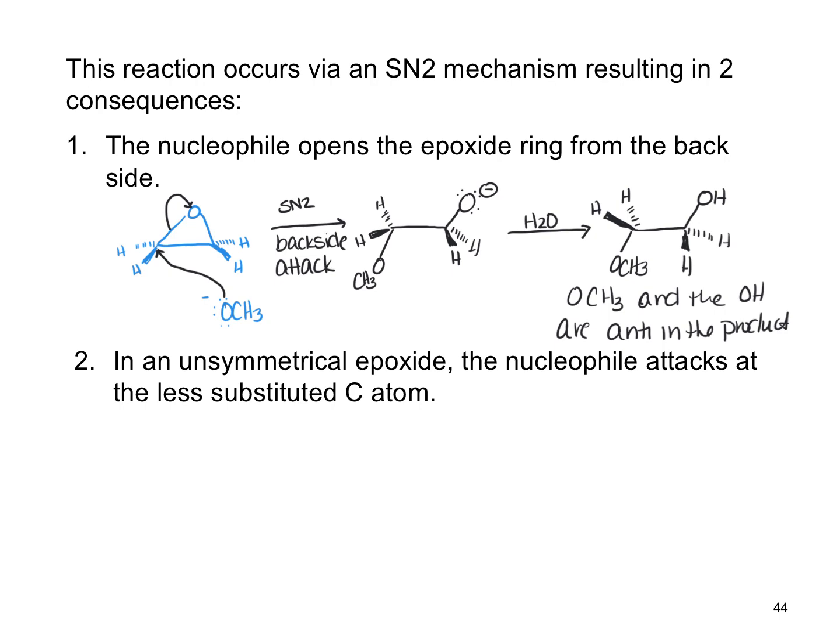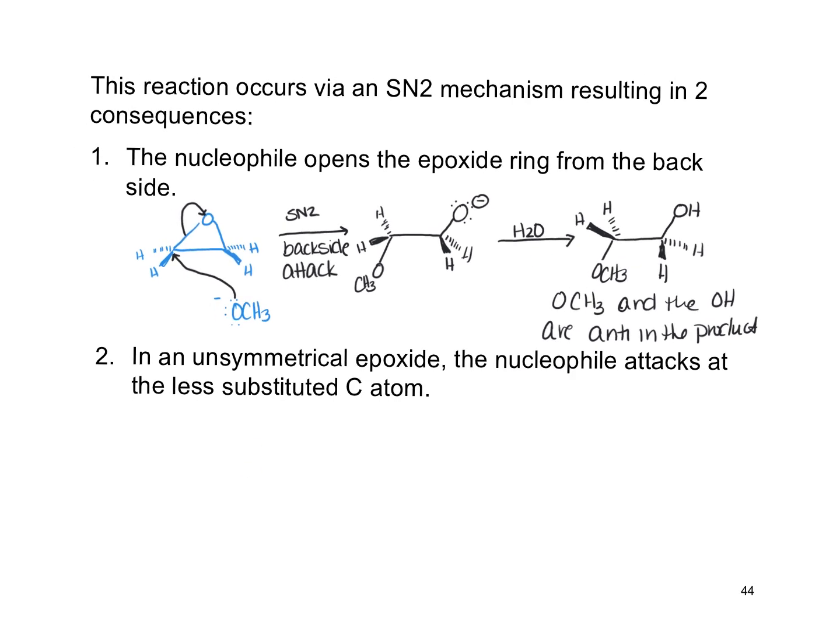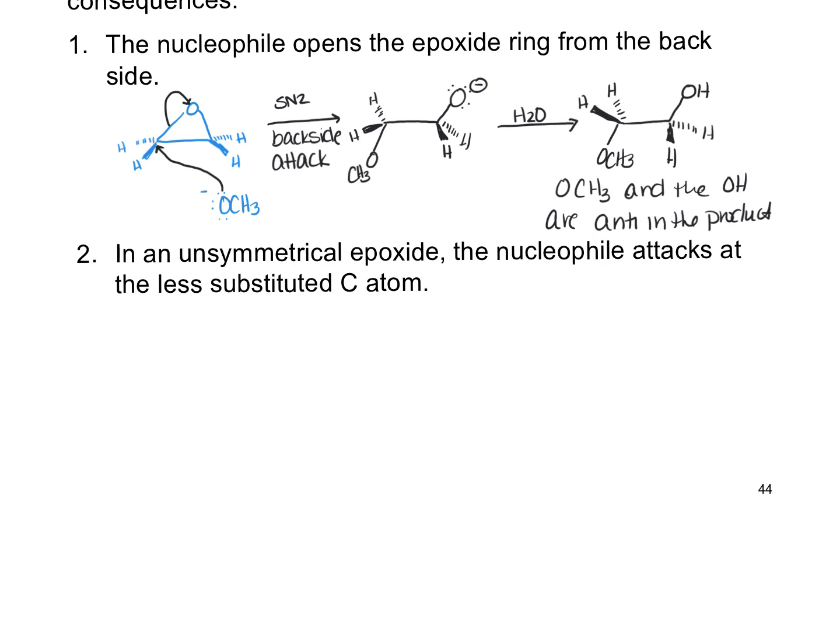Now, in an unsymmetrical epoxide, the nucleophile attacks the less substituted carbon. So let's look at that. For example, if we have this epoxide, and we have this friendly nucleophile coming in to attack it, what we're going to find is that it is going to attack at the less substituted carbon. That means that's the carbon with fewer substituents attached to it.